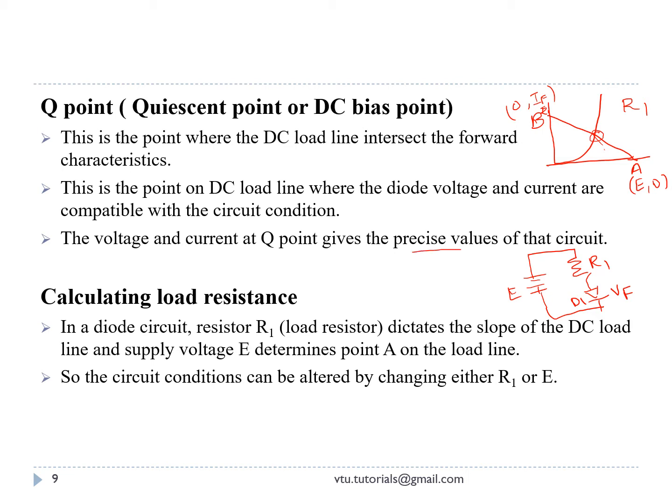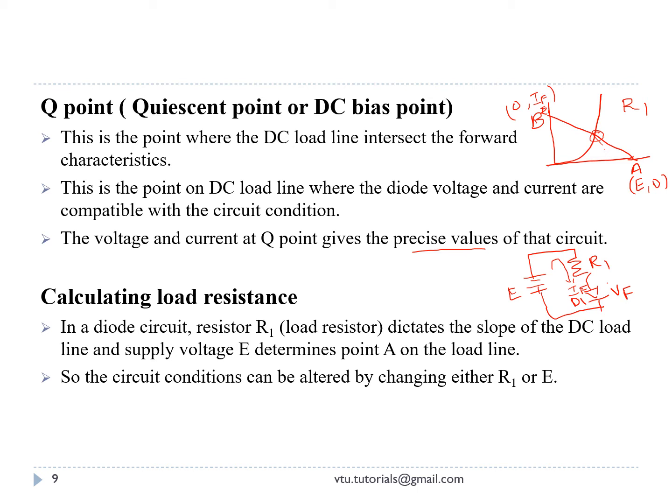When you say the precise value of the circuit, for a particular resistor R1 with voltage drop Vf, the forward current If can be considered. This will be the precise value of the current and voltage at the point Q. The quiescent point in turn gives the precise value of the circuit in that particular condition.